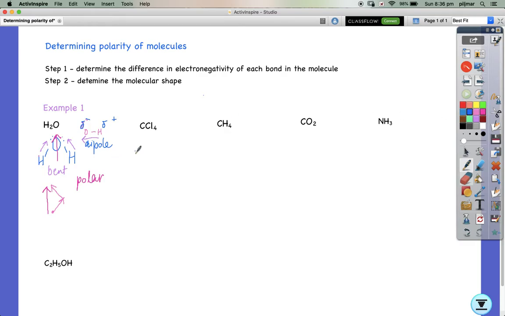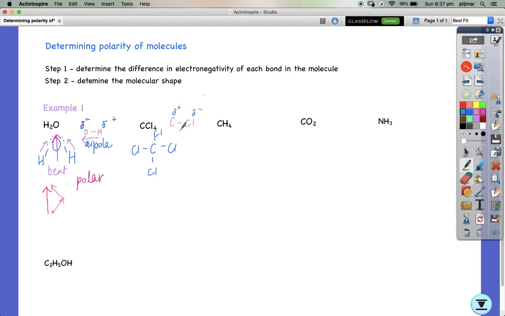Let's now have a look at carbon tetrachloride. Carbon tetrachloride is a tetrahedral shaped molecule, and it's got the carbon-chlorine bond. The carbon to chlorine bond is also polar, but in this instance the carbon is delta positive and the chlorine is delta negative.